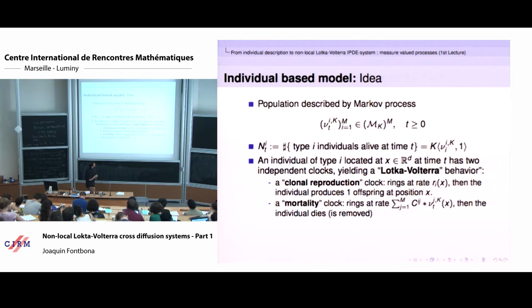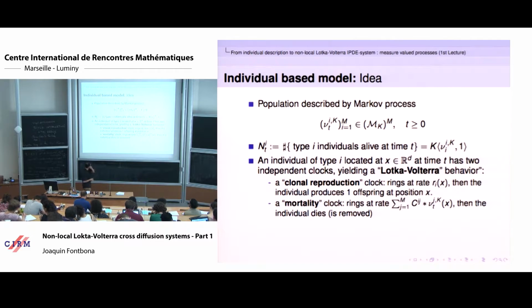So what is this rate telling me? It tells me that I need to look at the individuals, this is a J, of all the populations, including the same population as I, and look at their positions and then compute this convolution. If this Cij was a direct mass, you can think that I'm really counting the number of individuals at the same point.